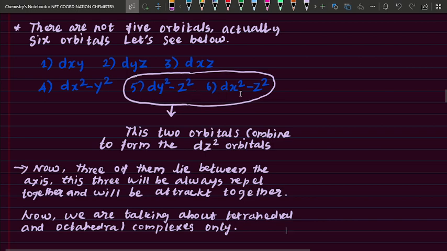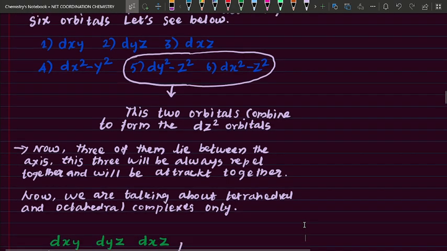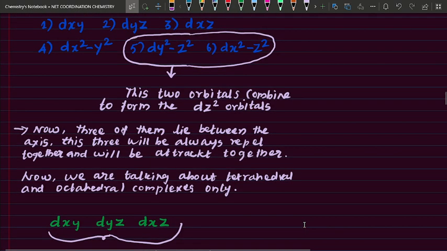Sixth one, dx square z square. These two are combined to form the dz square orbital. Please keep it in mind. Now 3 of them lie between the axes. The 3 will always repel together and attract together.